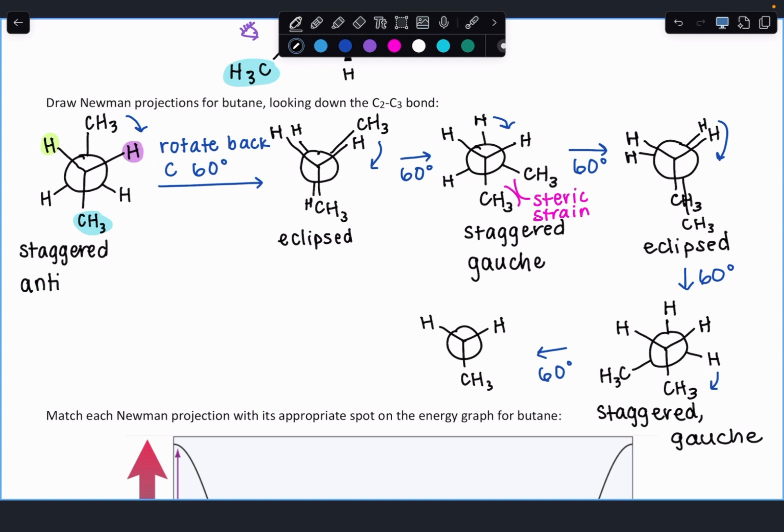And then one more time gives us another eclipsed. And then one more time would get us back to staggered anti. I'm just going to write staggered anti because it is the one we started with.